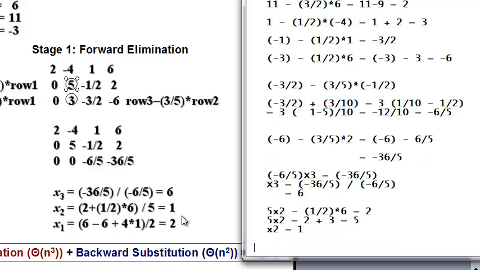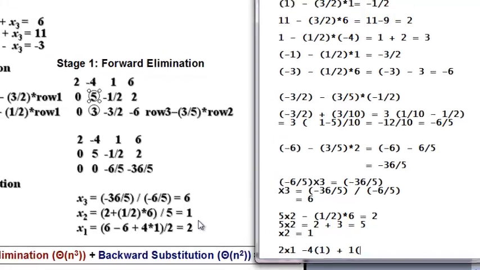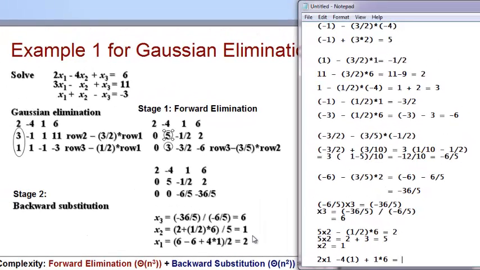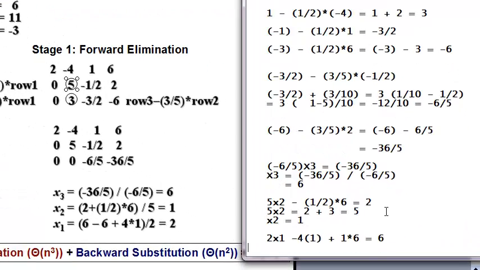Then x1, you substitute over here, it's going to be 2x1 minus 4 times x2, which is a 1, plus 1 times x3, which is a 6, equals 6, this equation, right?